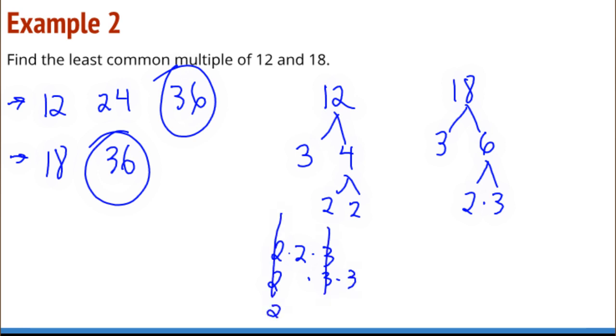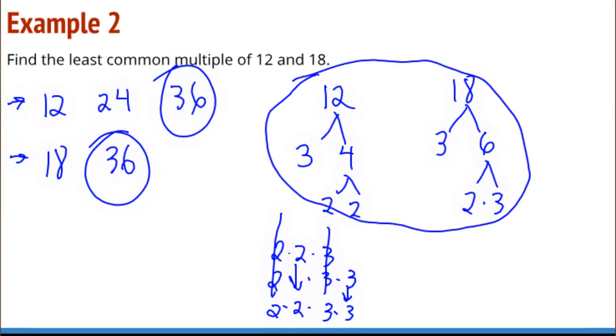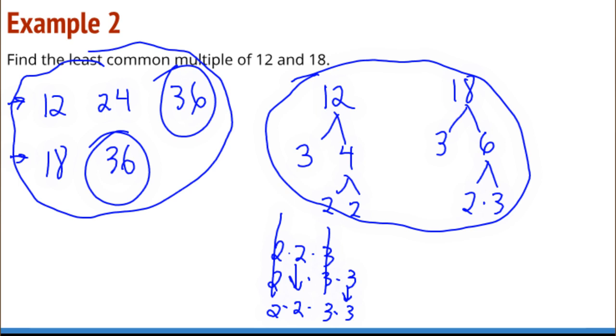These 2's and these 3's are things they have in common, so I only need them once. Bring this 2 in, bring this 3 in, and I've got 4 times 9 for 36. So the factor trees and the upside down cake and the listing out the multiples all get us to the same least common multiple.